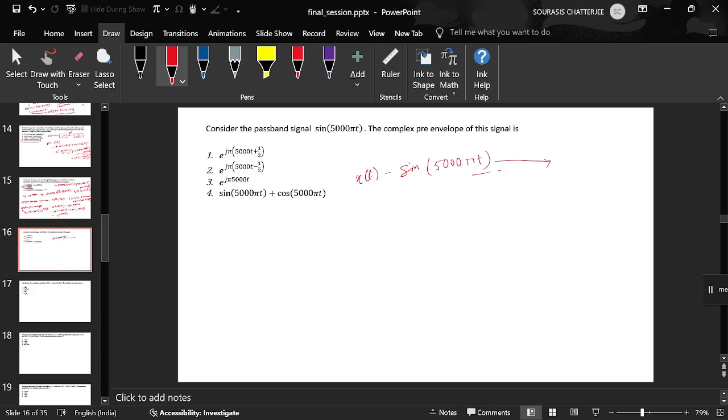Let's call it x(t), and if I pass it through a Hilbert transformer, I'll get minus cos 5000 pi t.